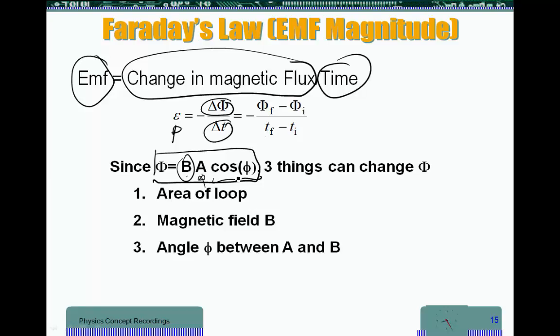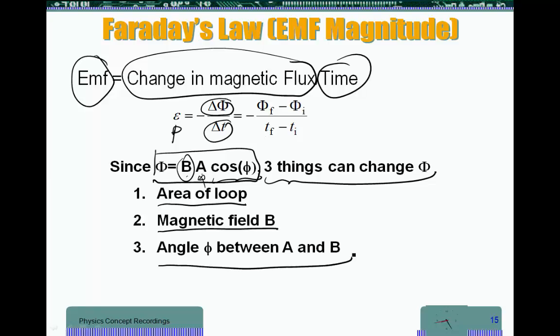Now, note here, when you think of the flux as being given by this expression, there are three things that can change it. We can change it by changing the area of the loop, we can change it by changing the magnetic field, or we can change it by changing phi, the angle between A, or the perpendicular to A, and B.